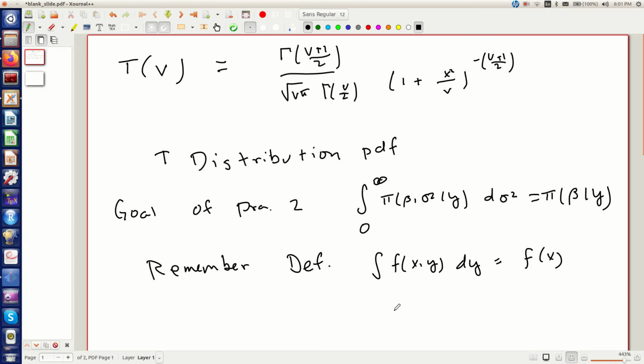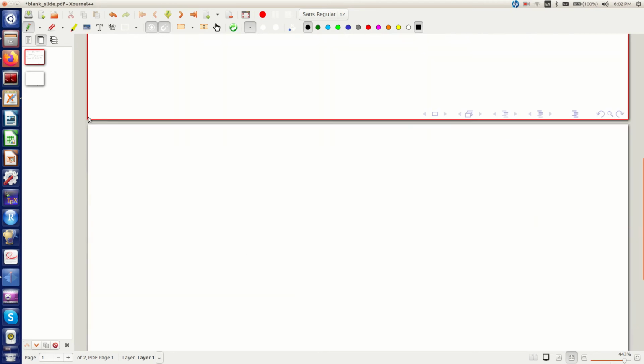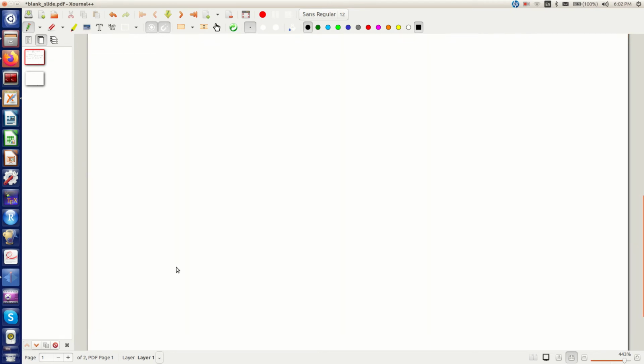All right, so that's what we're going to do. We're going to derive the marginal distribution for beta. Doing that, we'll integrate out sigma squared. You can see the parallel between these two very clearly. And we're going to start from that large equation that I showed you before.